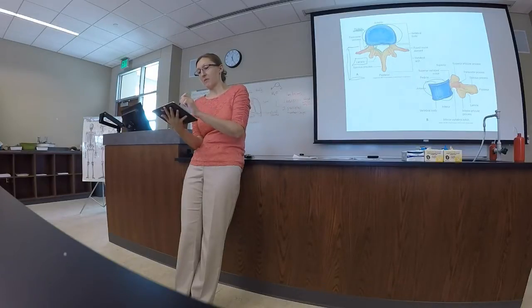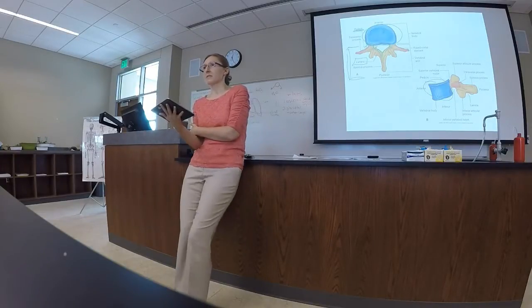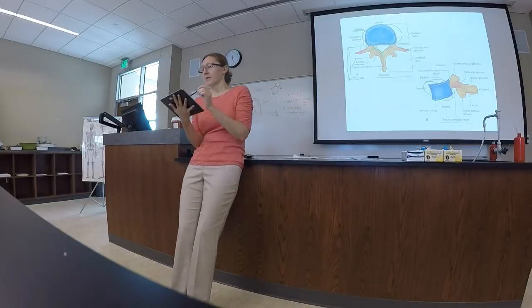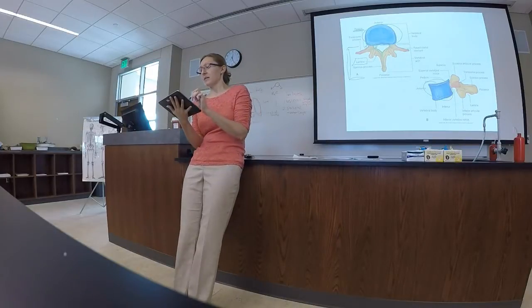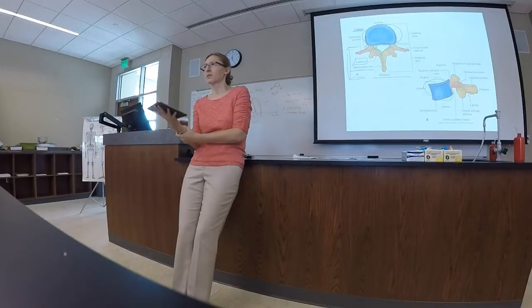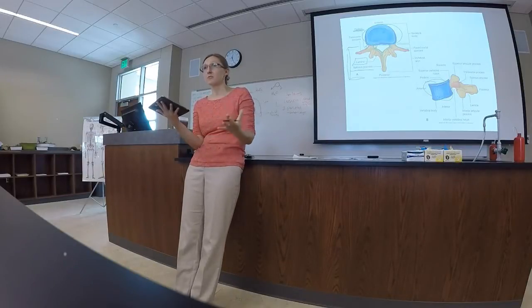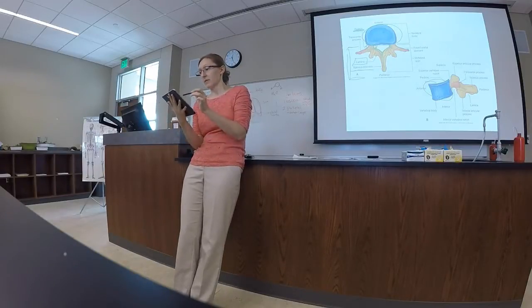Those lamina during development are growing out, and they then fuse at the midline, and the spinous process comes out of them. The spinous process is a really important attachment point for ligaments and muscles. Another really important attachment point for ligaments and muscles is the transverse process coming out from the pedicle here.